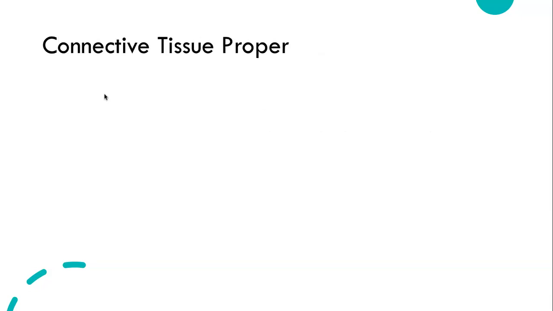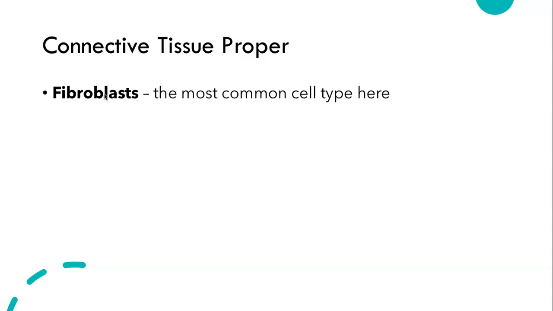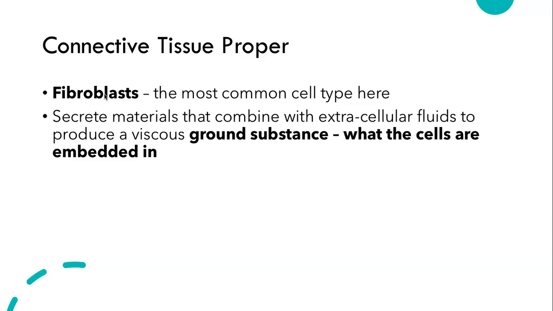Let's talk about connective tissue proper. First of all, the most common cell type here is called a fibroblast. They secrete materials that can combine with extracellular fluids to produce this viscous ground substance. It's basically what the cells are embedded in, what supports the connective tissue itself. Okay, we'll get a little bit into ground substance in a later slide as well.